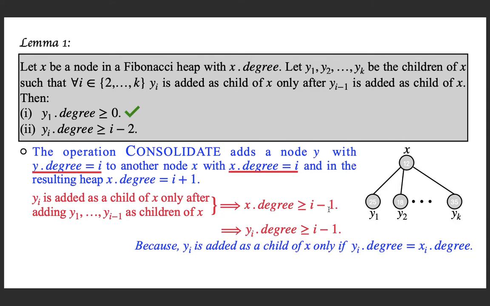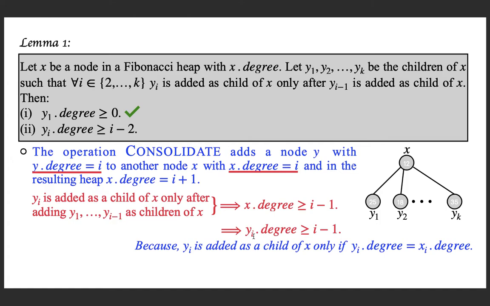Okay. Now note that in the Fibonacci heap, at a later stage, maybe y_i can lose a child. See, when you did that decrease key procedure, you are cutting a child and taking it as a tree in the root list, right?